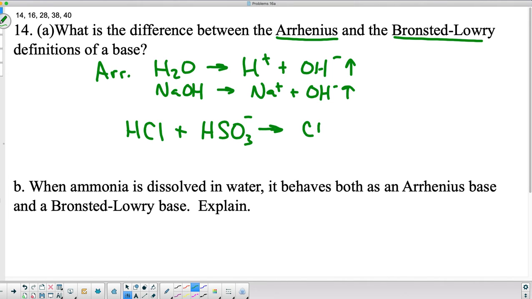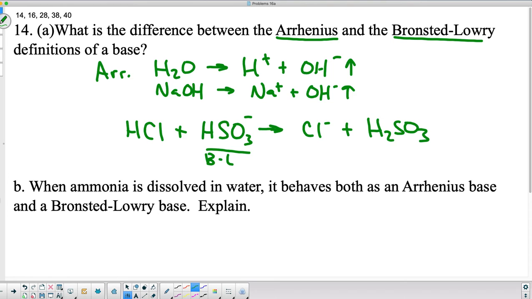So here I have a situation where this species right here, the bisulfite polyatomic ion, accepts a proton like this and is now considered a Brønsted-Lowry base because it accepts a proton. It accepts the hydrogen plus one from the hydrochloric acid.